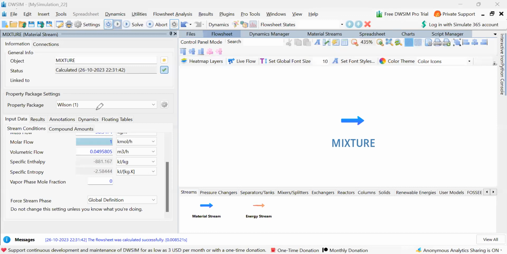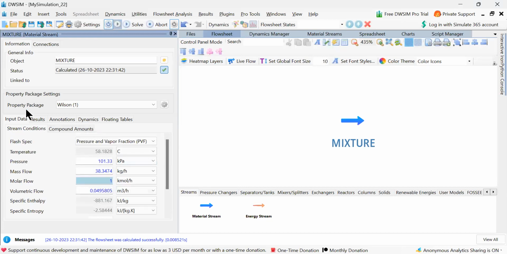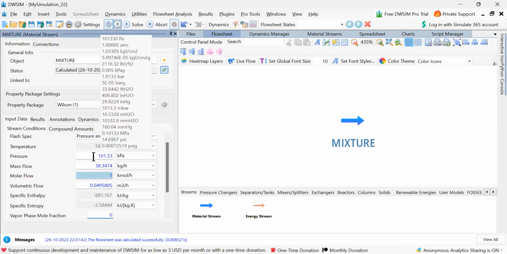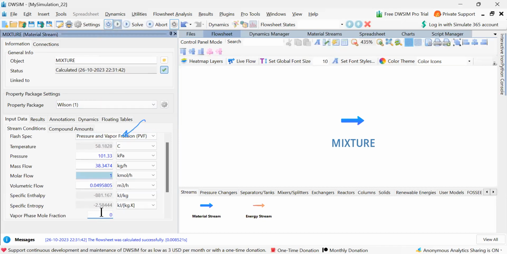Now again, come back here and let us see what we have chosen. This is where the flash spec is pressure and vapor fraction, PVF. This is our intention. In that I specified the pressure and I've given the vapor fraction.